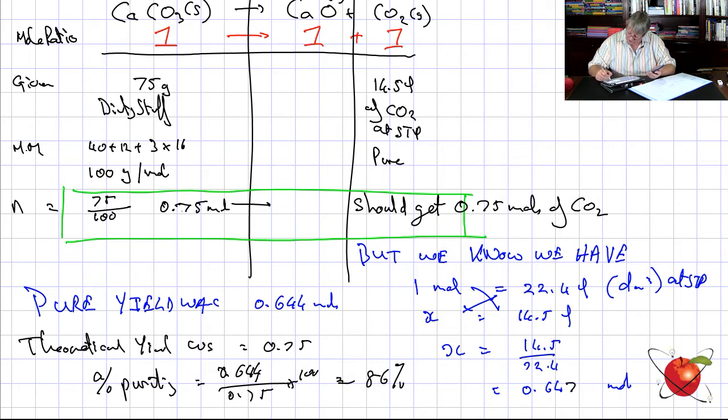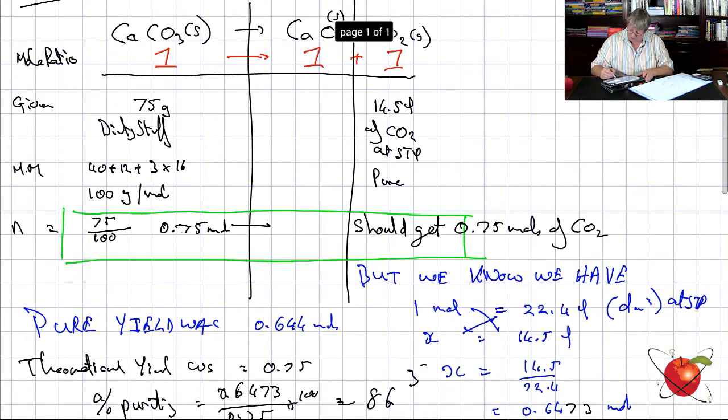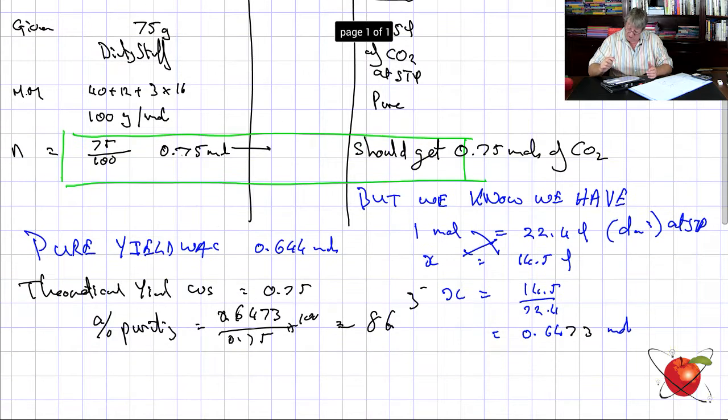I'm so sorry, guys, I must have pressed the wrong button. Still very close, but it's not 100% correct. It's 0.6473. Therefore, it's 86.3%. Right? Sorry about that error.